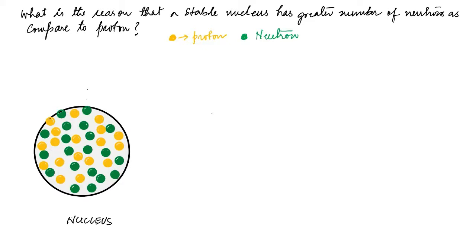Why are these sitting together in such a tiny space? Because we know that the radius of a typical nucleus is about 10 to the power minus 15 meter, or 1 Fermi. So why, within such a tiny space, are so many protons and neutrons sitting together?